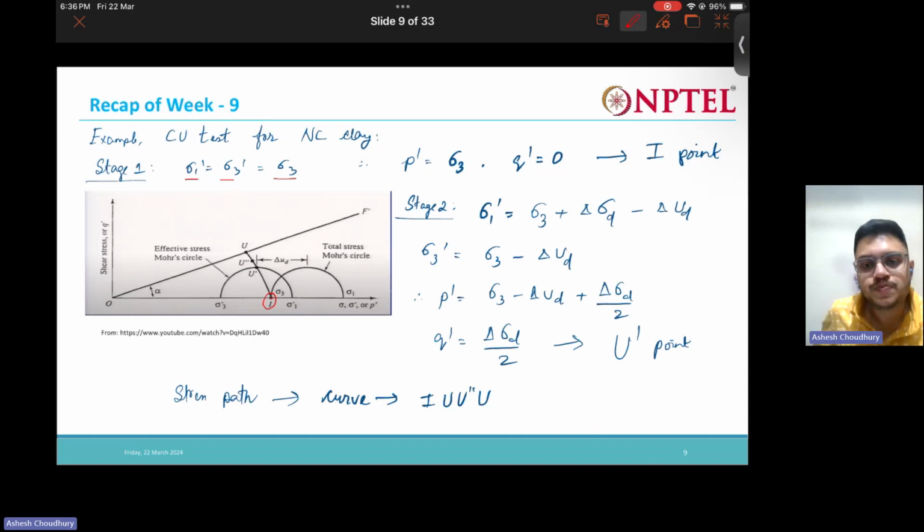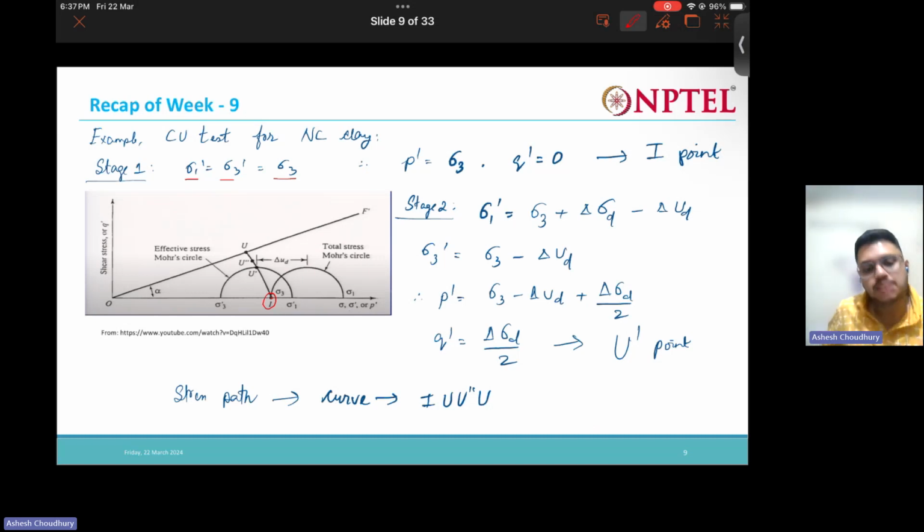Now in stage 2, that is in the shearing stage, let us see. Sigma 1 prime is sigma 3 plus delta sigma d, that is the increase in deviatoric stress, minus delta ud. Delta ud is the pore water pressure that gets developed due to the application of delta sigma d.